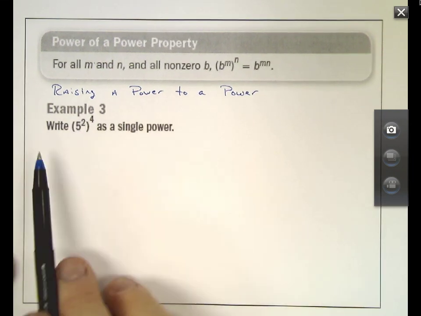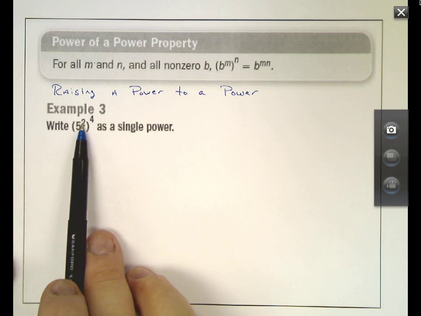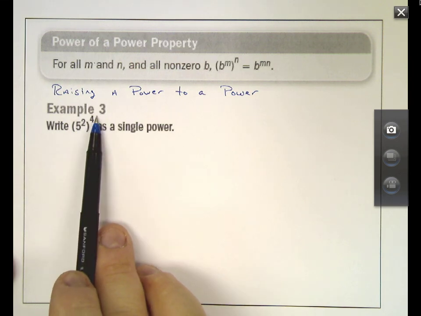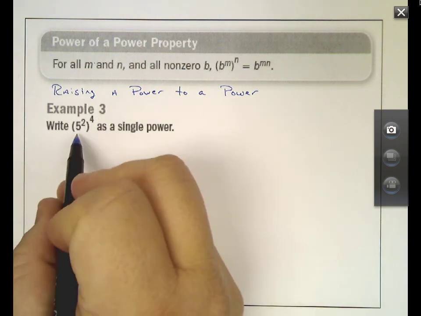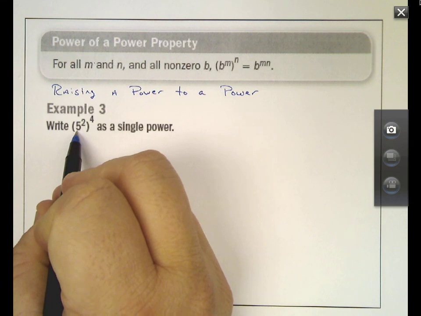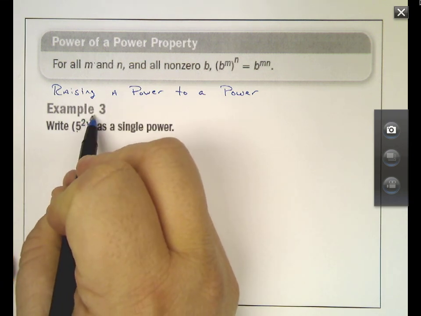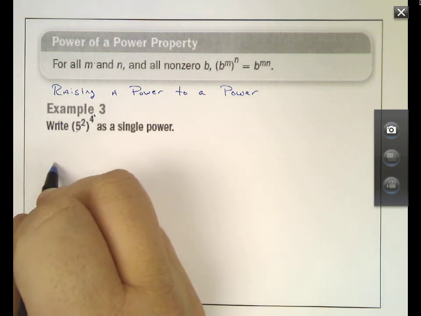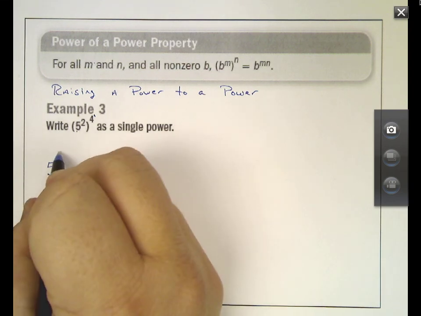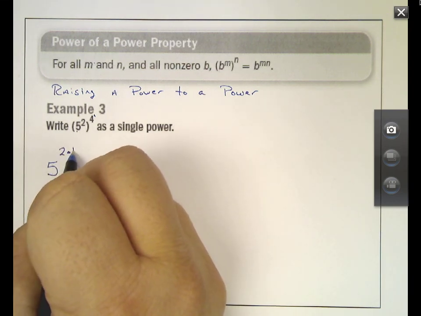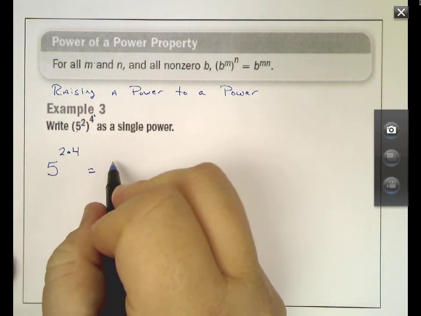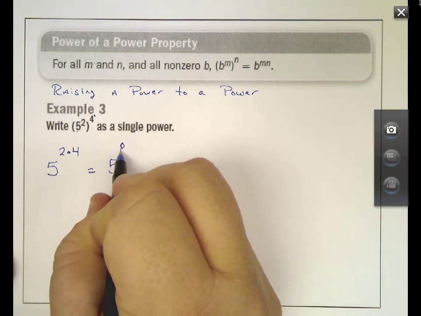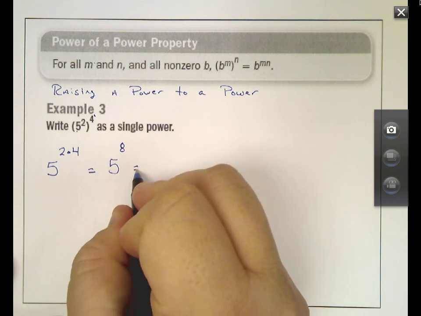So example 3 says, write 5 squared to the 4th power. This is raising a power to a power. You have a base, you have a power, raised to another power. So it is 5 to the 2 times 4th power, which is 5 to the 8th power.